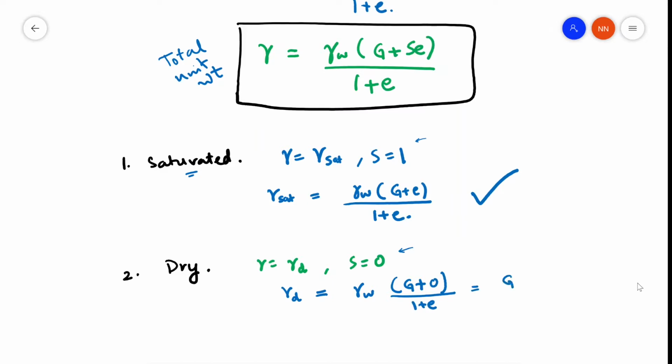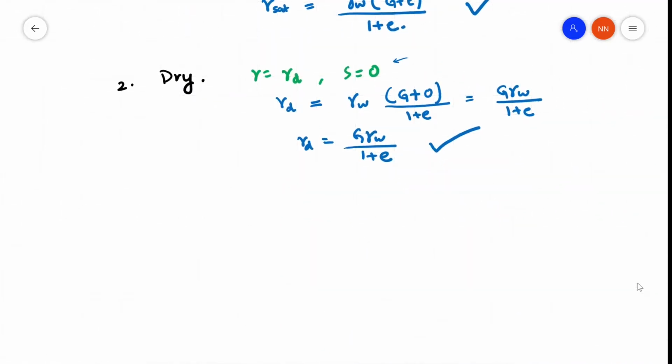So this is G gamma W over 1 plus E. So gamma dry is G gamma W over 1 plus E. Another very important relation.